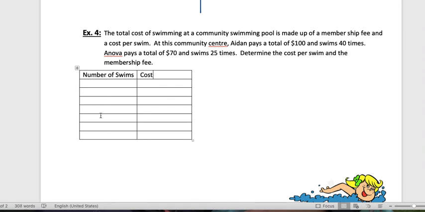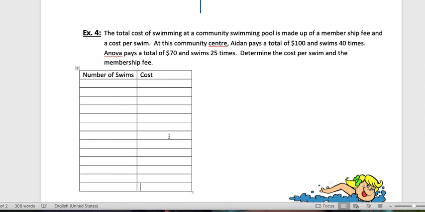So we know, I'm going to make this chart a little bigger. So this would be my 25 swims for Anova.